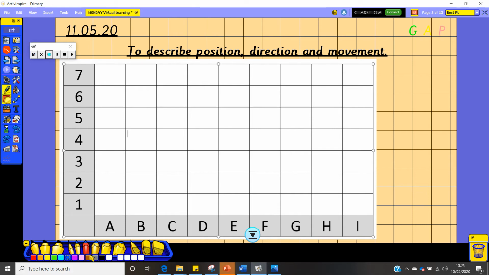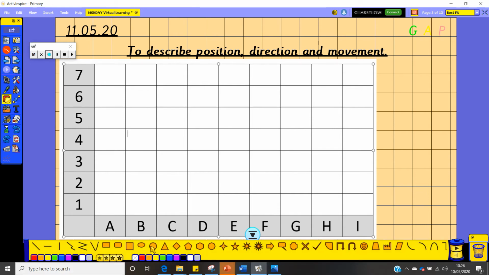So first of all, I am going to put a circle on my grid and I'm going to place my circle here. I'm then going to put a triangle on my grid and my triangle is going to go here. And then I'm going to change my colour again and put a star on my grid and my star is going to go here.